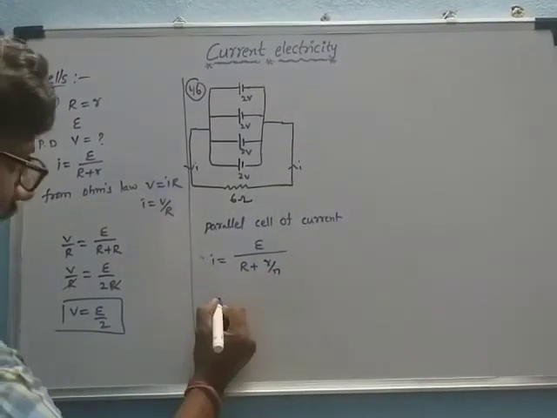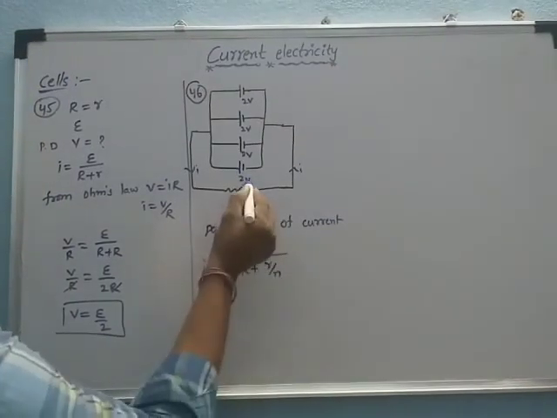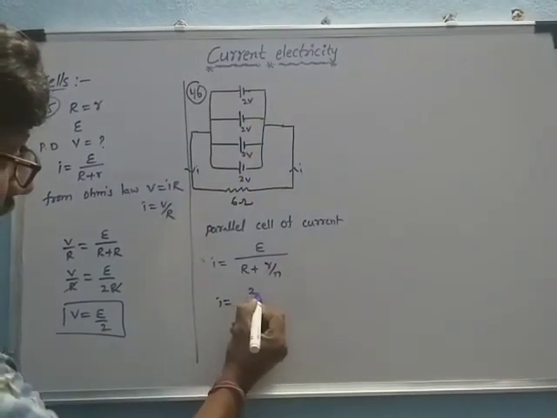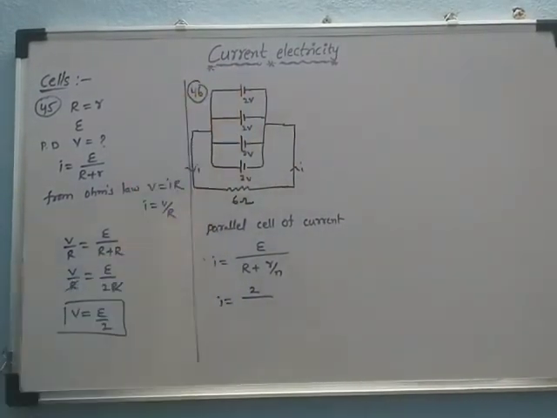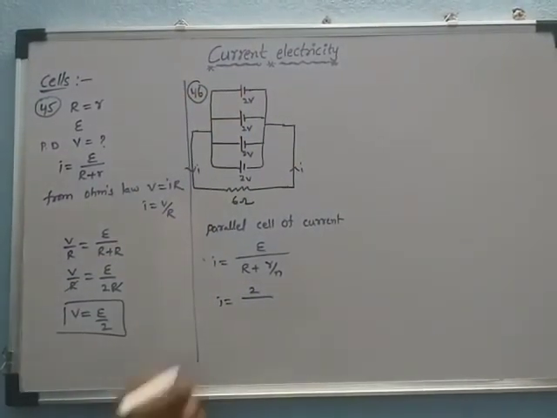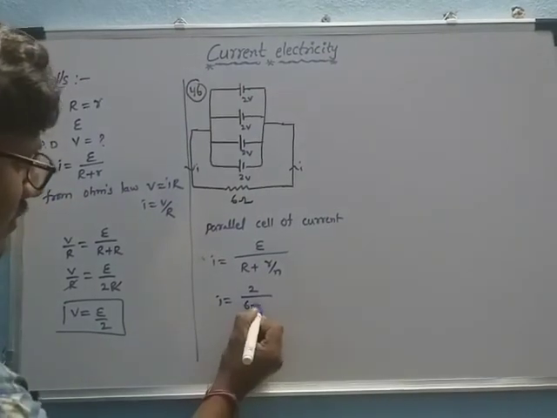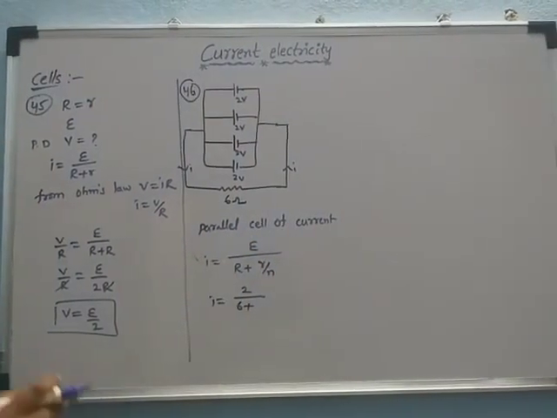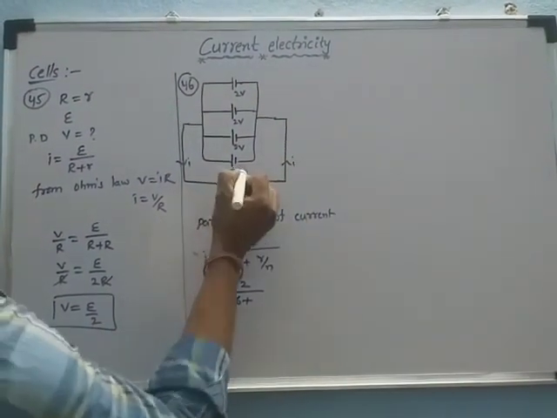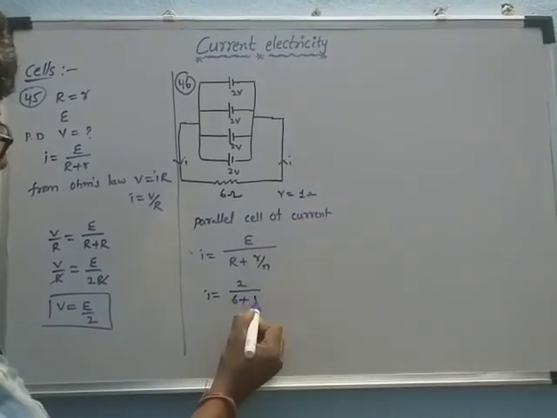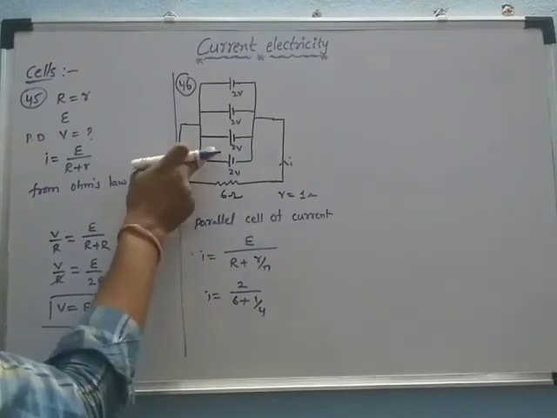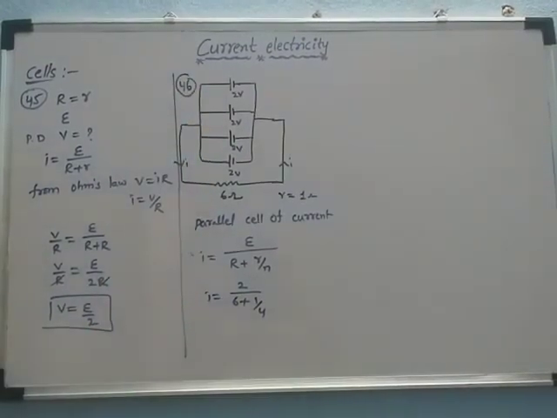Then I is equal to E, and each cell has 2 volts, because in parallel combination the potential difference will be the same. The external resistance is 6, plus the internal resistance of each, small r is equal to 1 ohm, divided by the number of cells, 1, 2, 3, 4 cells.